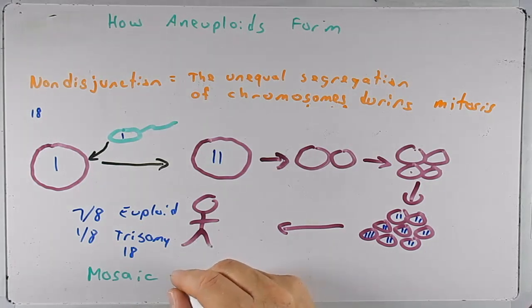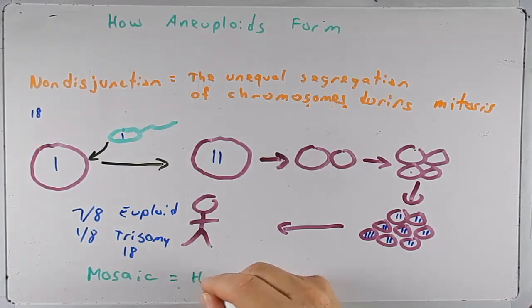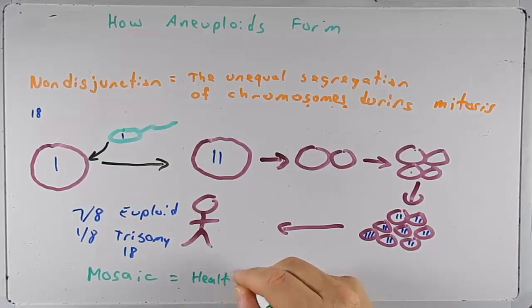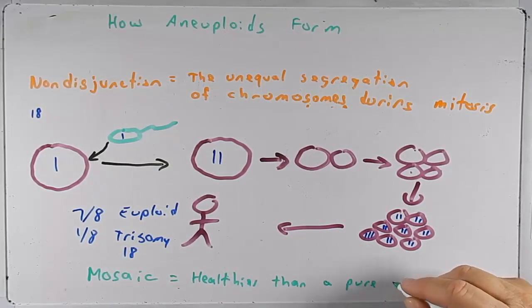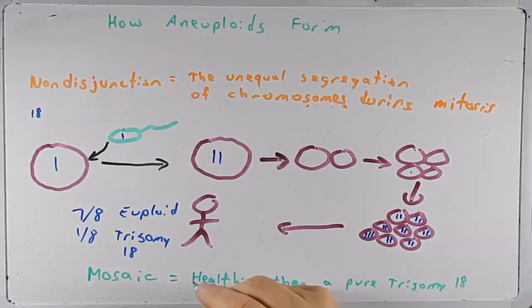Because of that, they typically are healthier than, I'll say, a pure trisomy 18 child. I put quotes around healthier because they're not healthy. They still have many of the symptoms that someone with trisomy 18 might have, but they're not as severe. And if you remember, when I talked about trisomy 18 and trisomy 13, I said sometimes they live a few years.